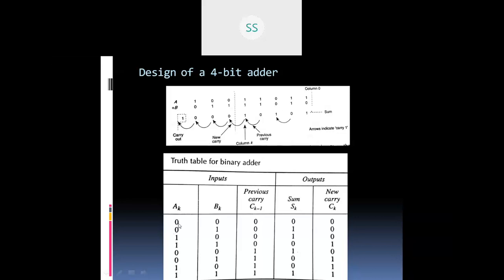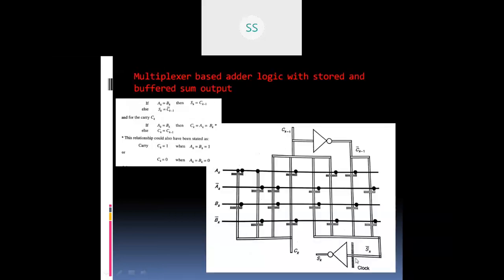This observation is used in order to implement that. This is for the sum term.